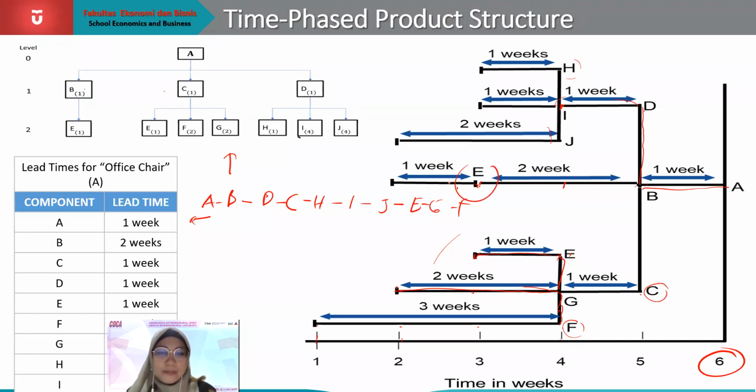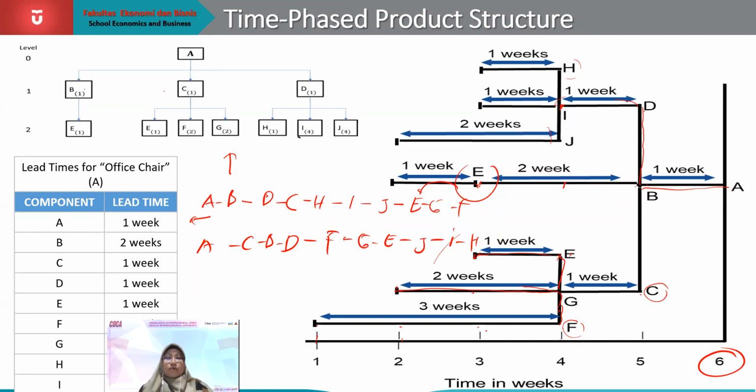Because E is already put in here. So just use the nearest E you have from the final product. Or the second can be like this: A, C, B, D, F, and then G, E, J, I, H.